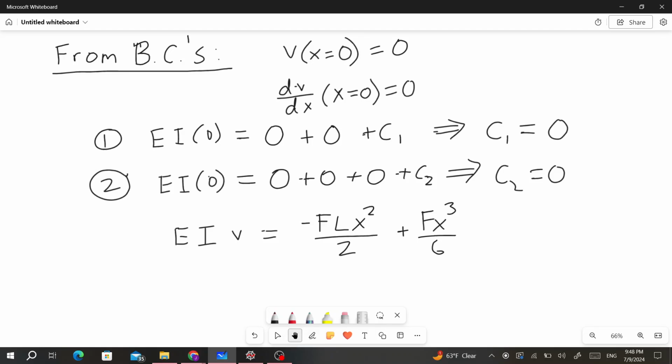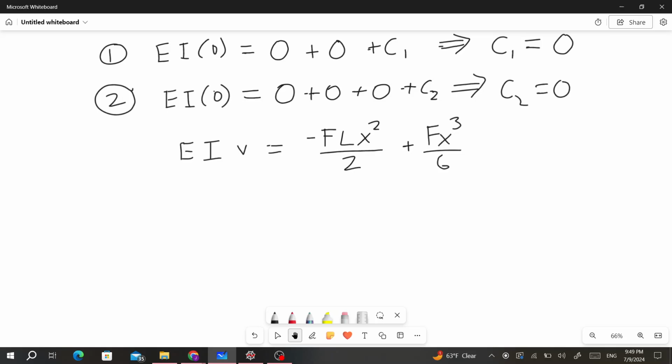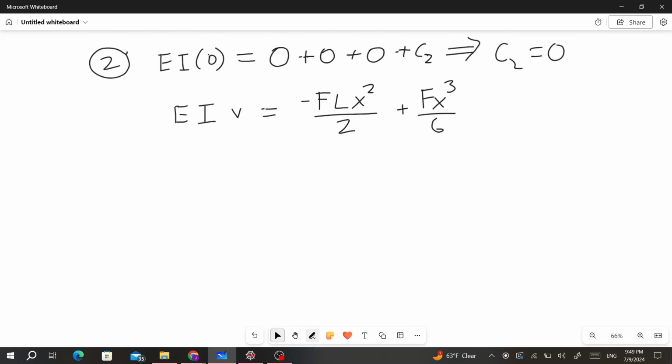This problem asks us what v is at the free end of the beam, where x is equal to L. To find v when x equals L, all we have to do now is plug L into this equation, which is the expression for v.